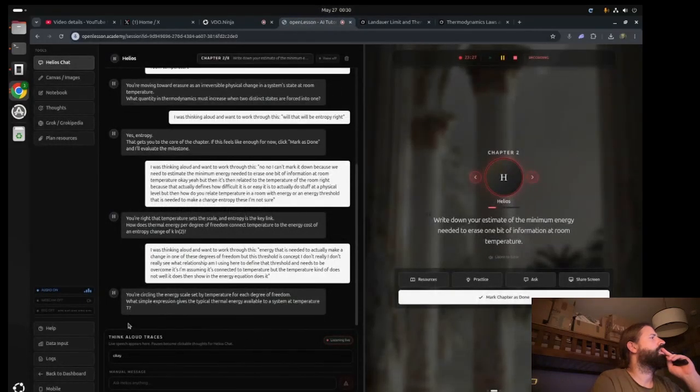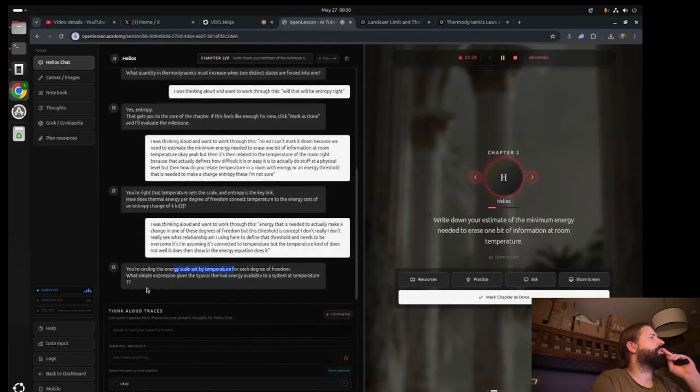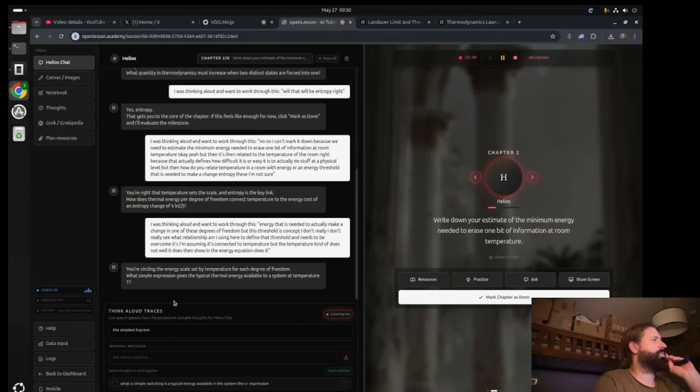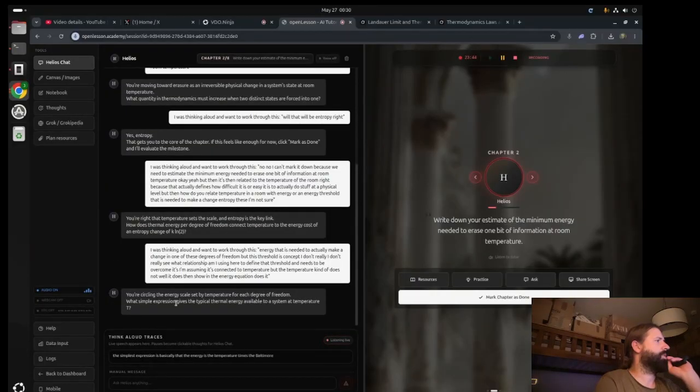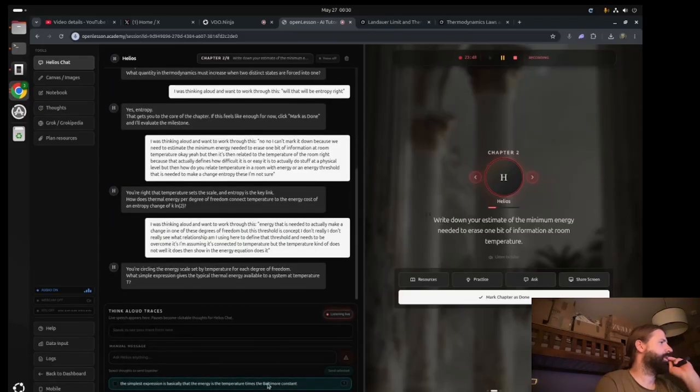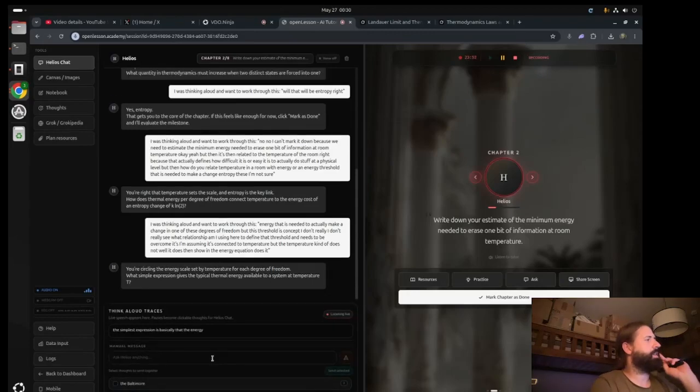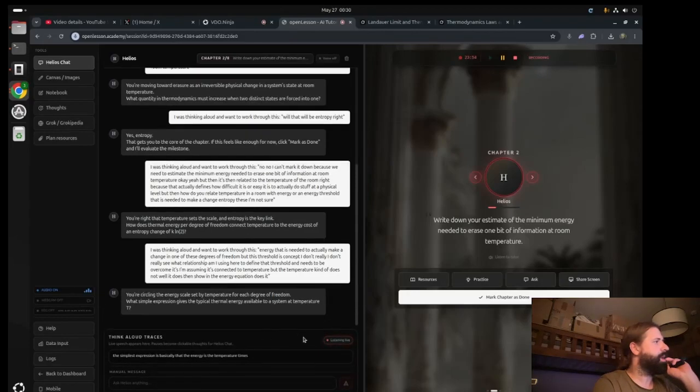What simple expression gives a typical energy available in the system? The simplest expression is basically that the energy is the temperature times the Boltzmann constant, kB T.